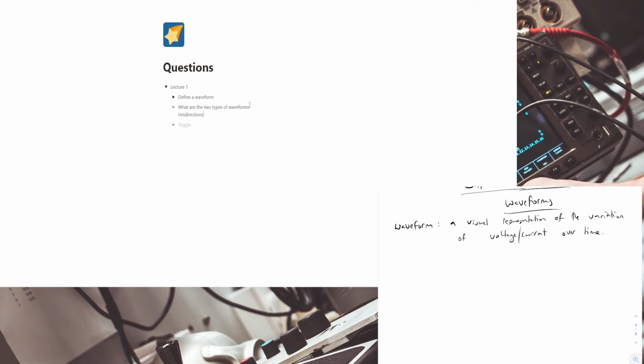Unidirectional and bidirectional. And actually, what's cool about Notion is that you can do this. And you can actually turn these in. Oops. Okay, let me try and do this. What am I doing?